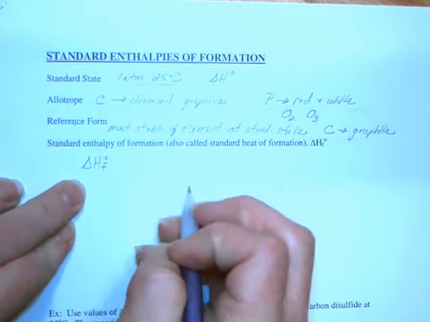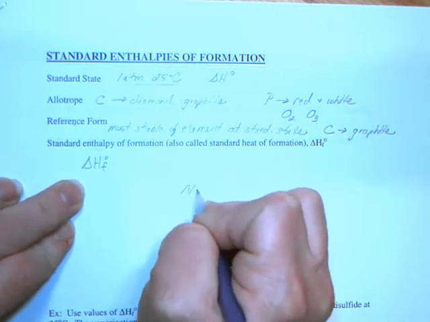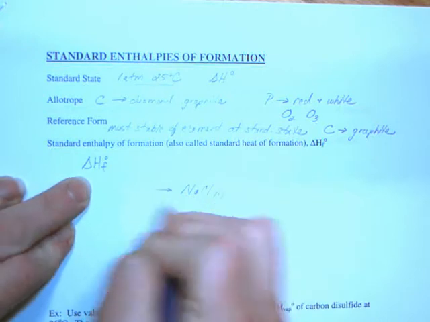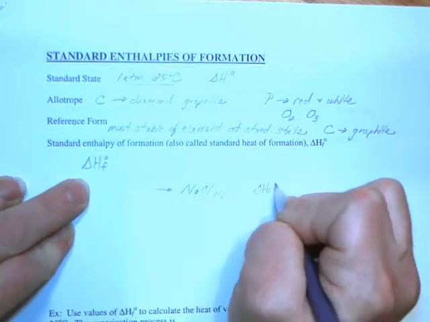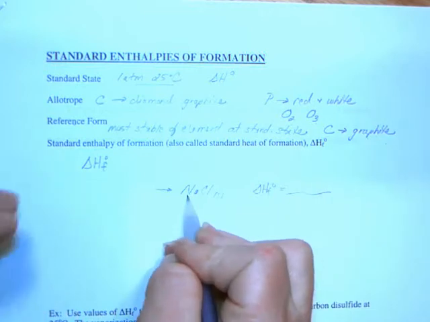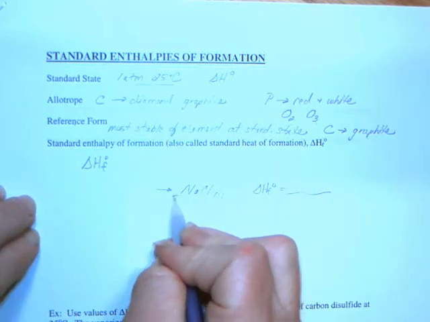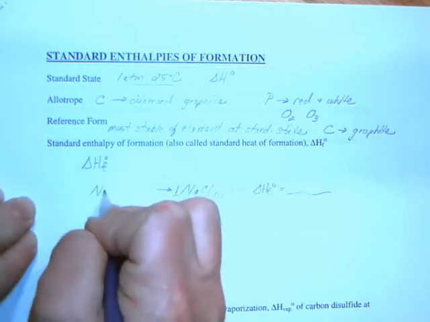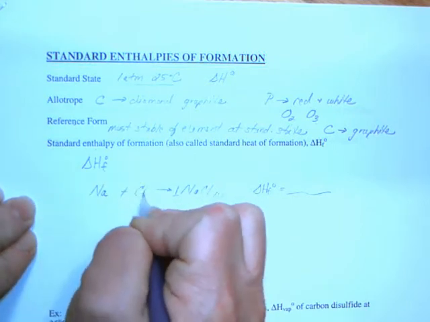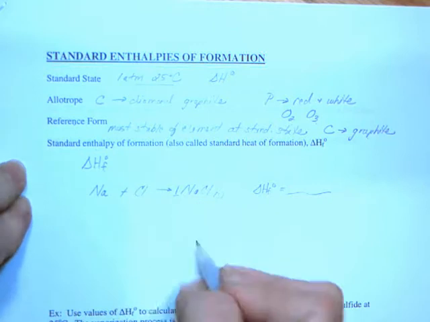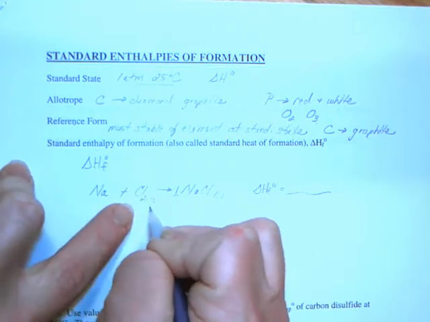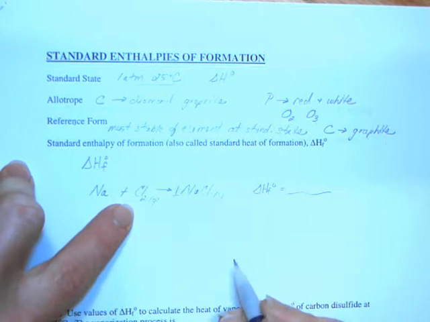For example, if we were going to make 1 mole of sodium chloride, to get the enthalpy of formation, we would look at the energy required or released to make 1 mole of product from its elements in their reference form at standard state. So we know that chlorine is diatomic and a gas at these conditions.